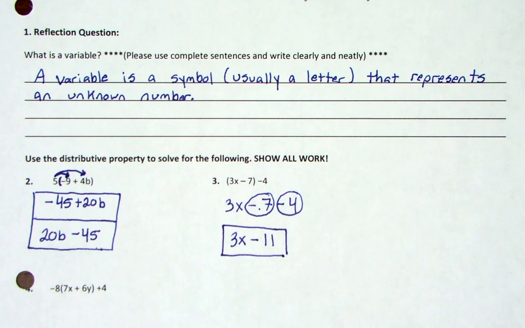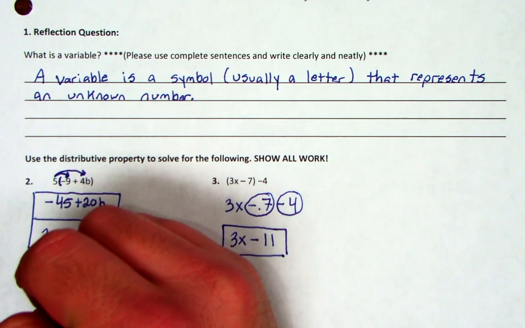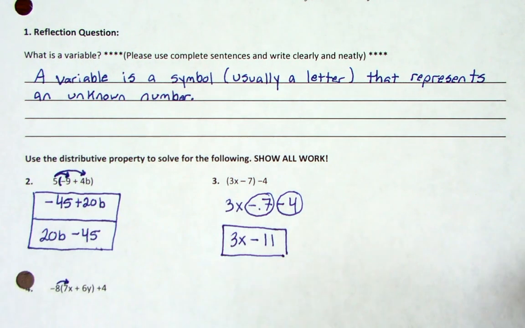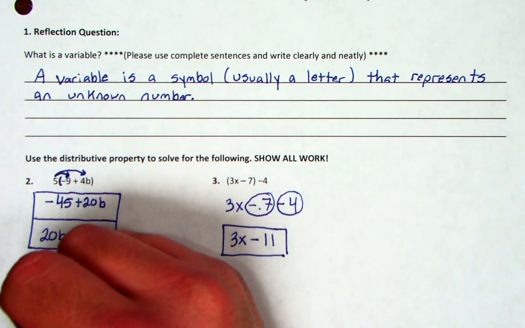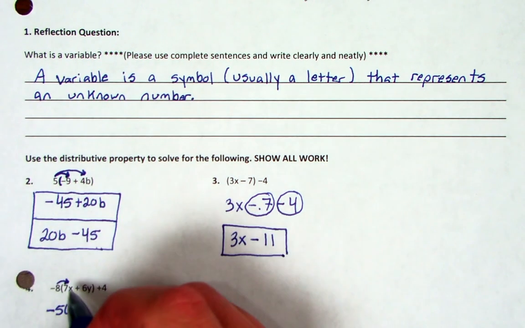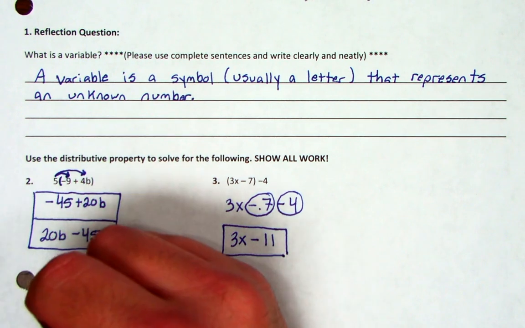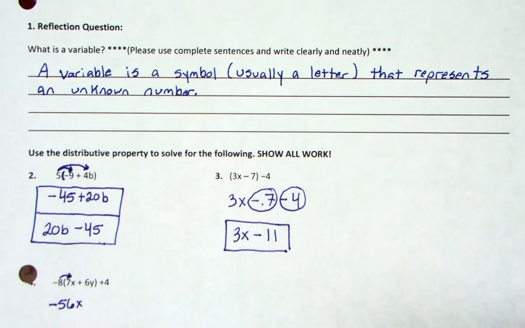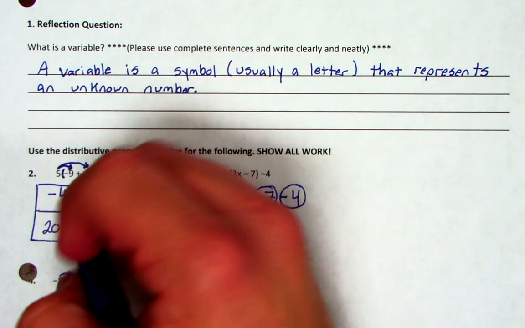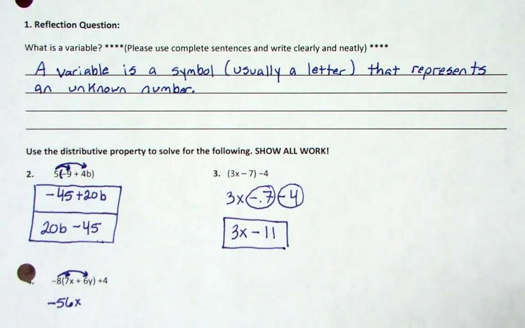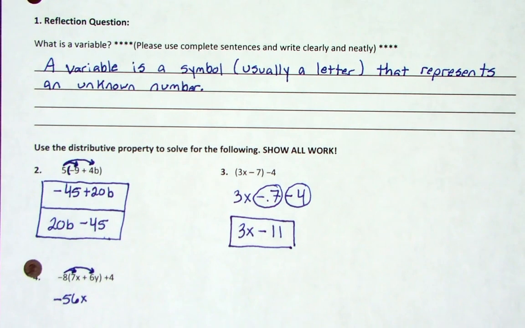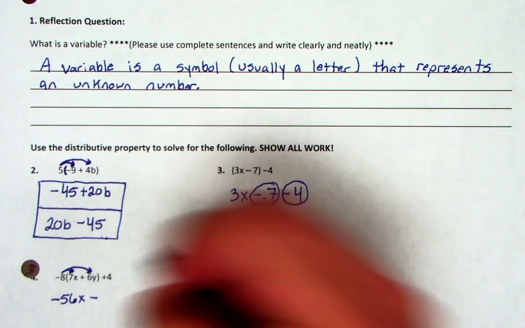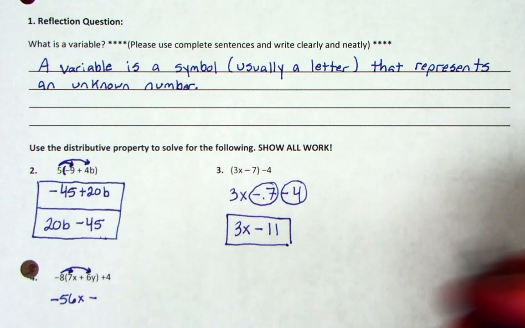Alright, number 4, let's distribute. What's a negative times a positive? That's a negative. 8 times 7 is 56. Bring down the x. Distribute again. What's a negative times a positive? Again, that's a negative. 8 times 6 is 48.